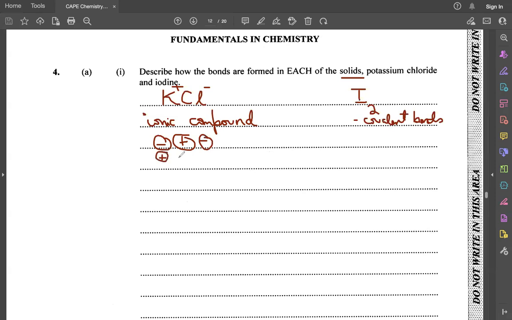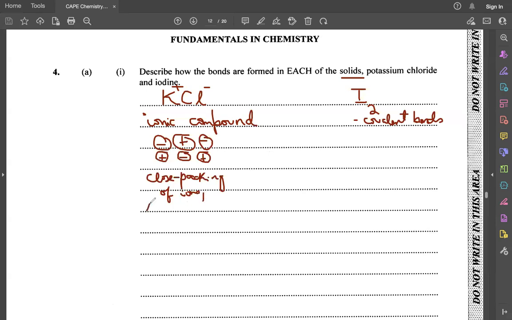That's what we have in ionic compounds: close packing of ions.